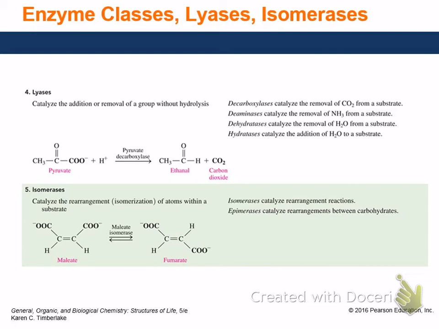Isomerases are interesting. Here is a cis double bond, and there's a trans double bond. It takes quite a bit of energy to actually make these happen unless you have an enzyme to do it. And so an isomerase would convert it from being a cis to a trans double bond.